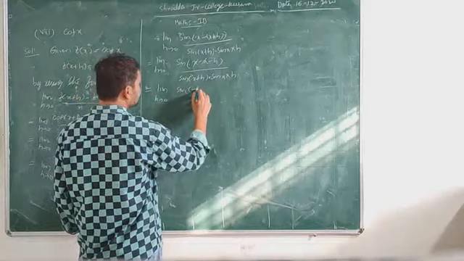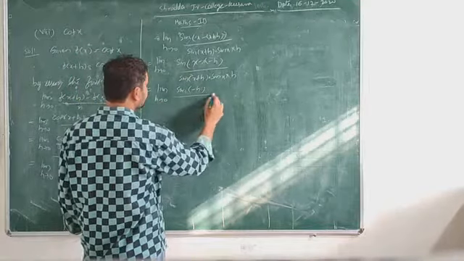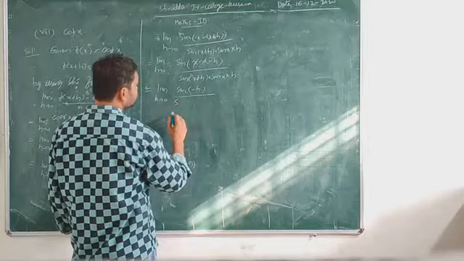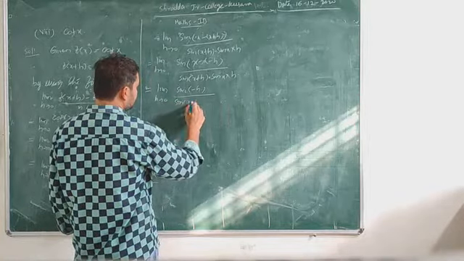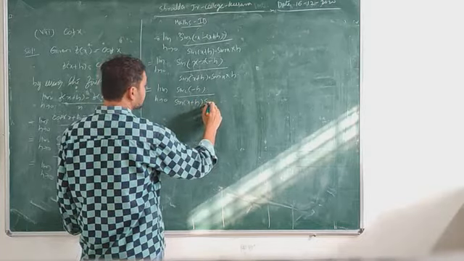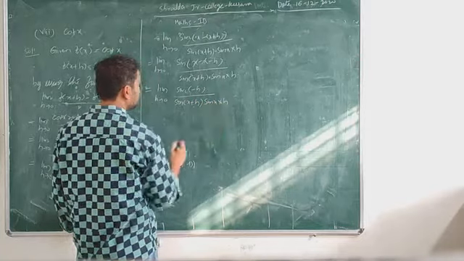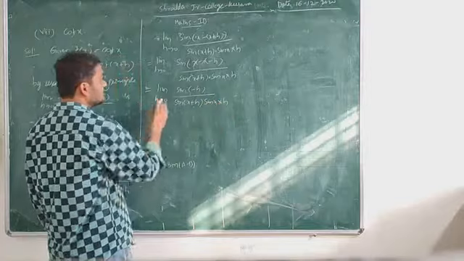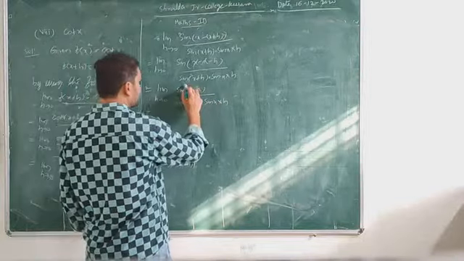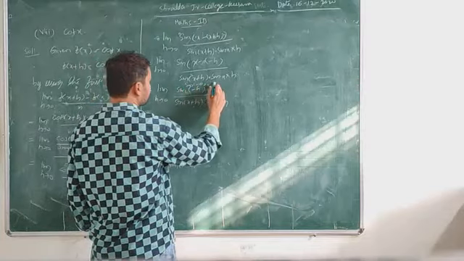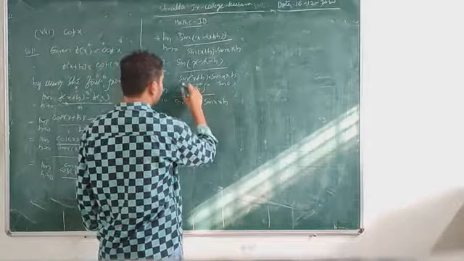Limit h tends to 0, sin of minus h by sin of x plus h into sin x into h. This is in which form? Sin of minus theta. Sin of minus theta equals what? That is minus sin theta.